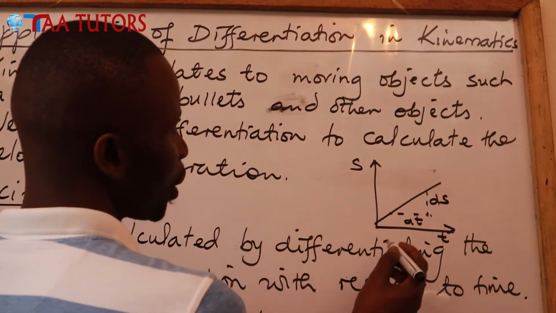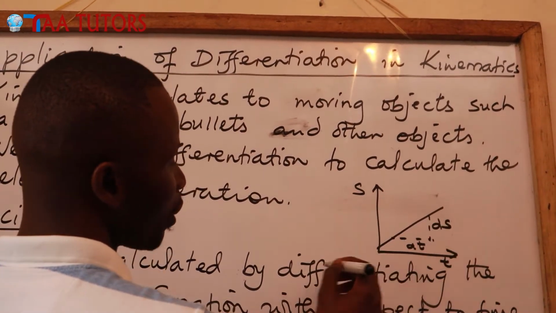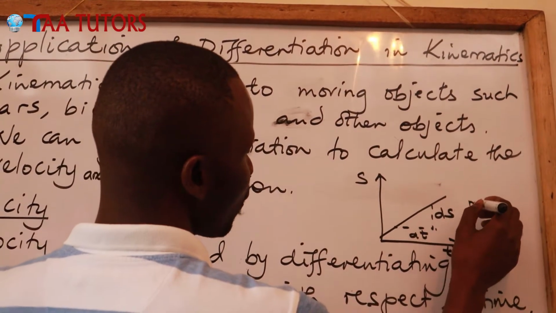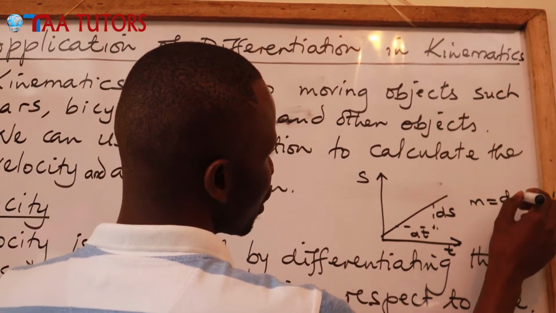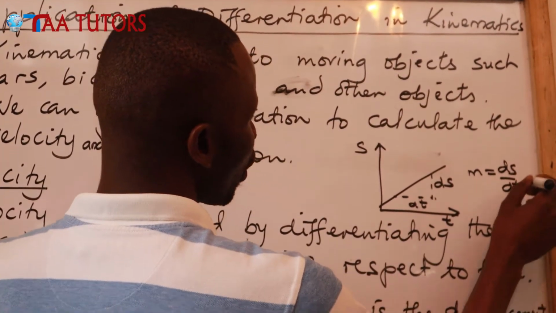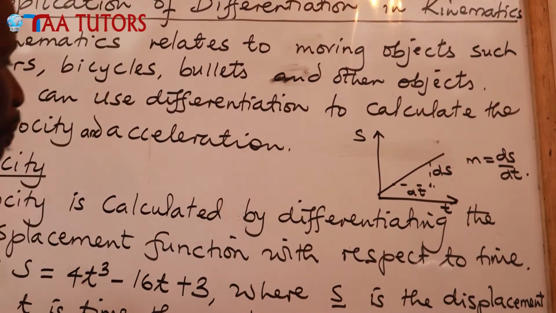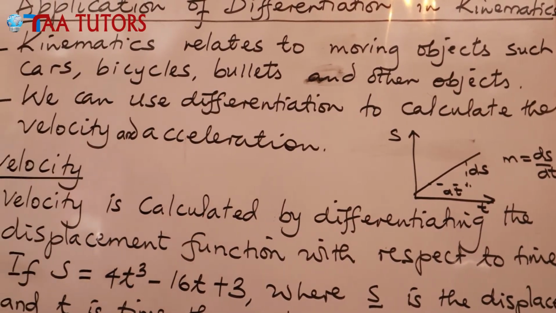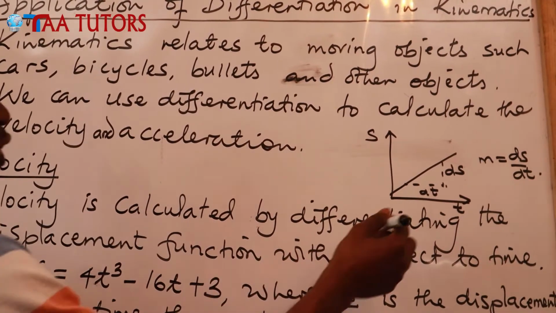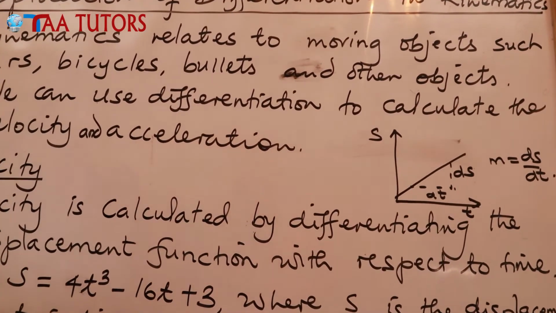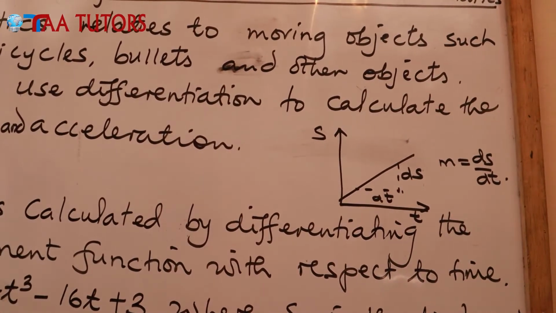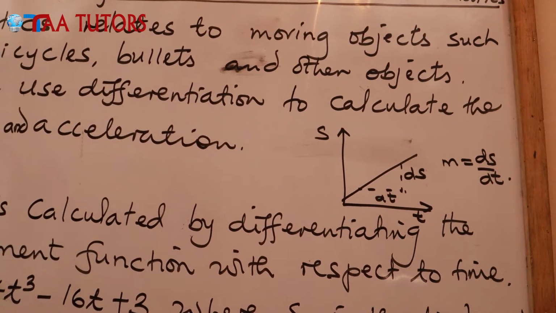So getting the gradient of this curve will be m equals ds/dt. That's what we use to get velocity using a displacement time graph.